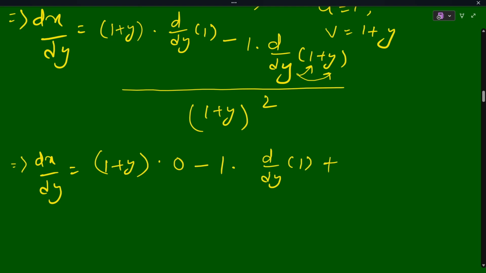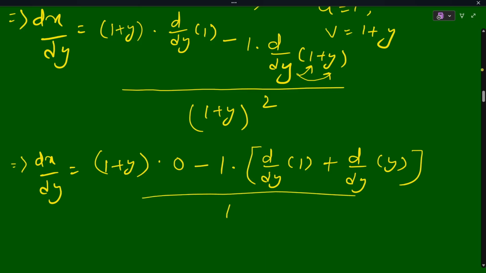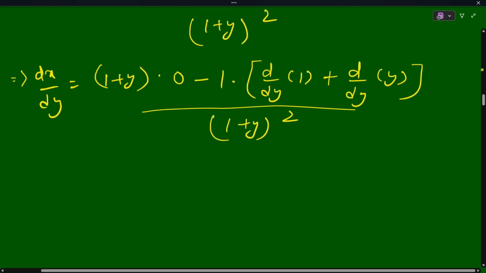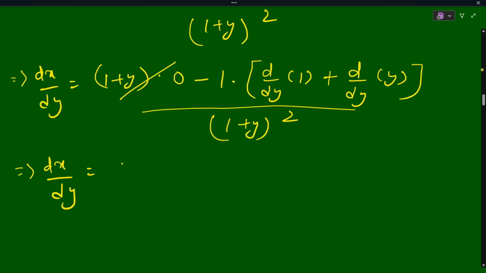plus d/dy of y. Then here this term is (1+y) whole square. Now this term is dx/dy. This term (1+y) into 0 is 0, so no need to write this one. So here it is only minus 1 into the derivative of 1 with respect to y, so this term is 0.